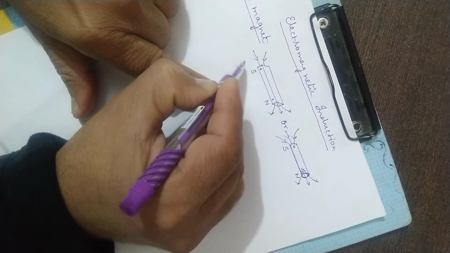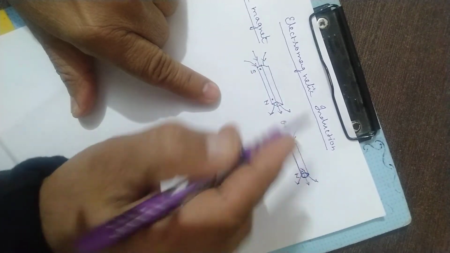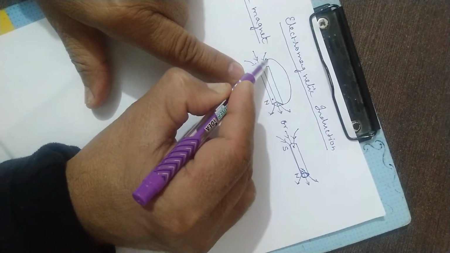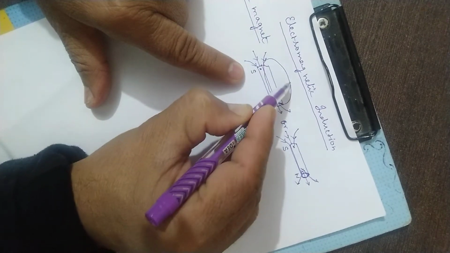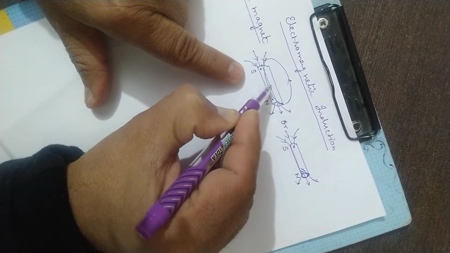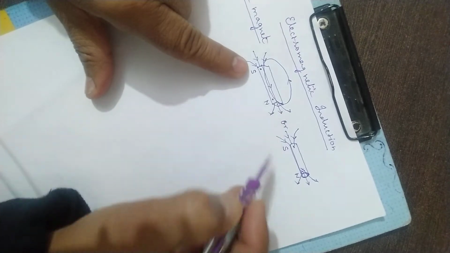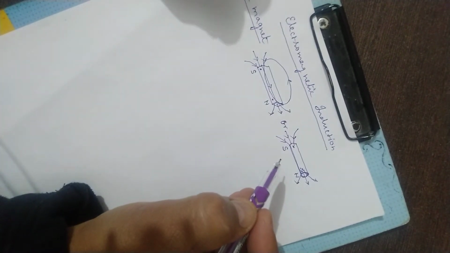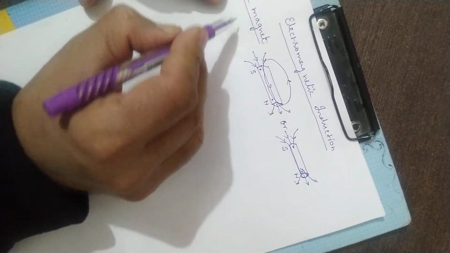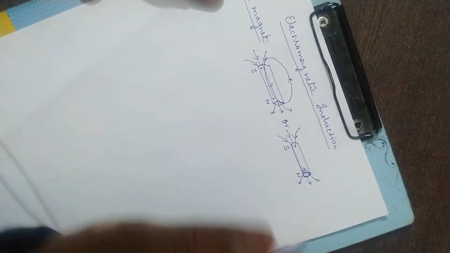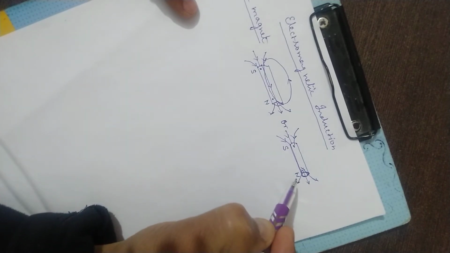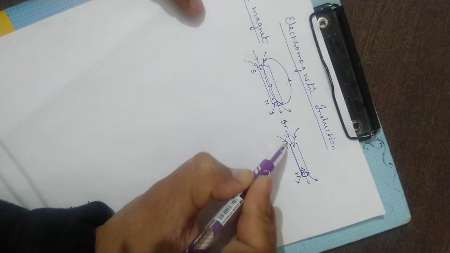This is a simple picture of the magnetic field, although these lines are closed loops. We all know magnetic field lines are always closed loops, in contrary to the electric field lines, which are not necessarily closed loops. So this is a bar magnet. The density of the magnetic field lines is maximum near the poles.